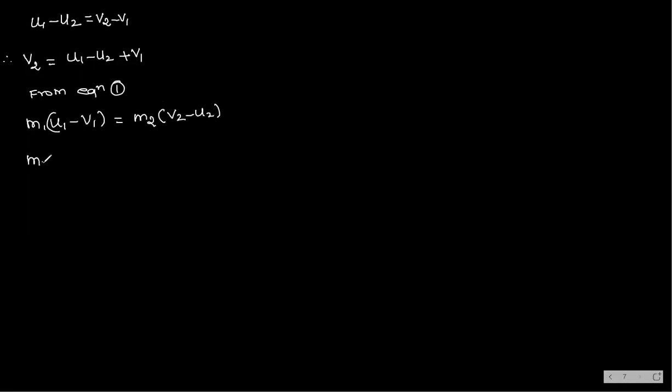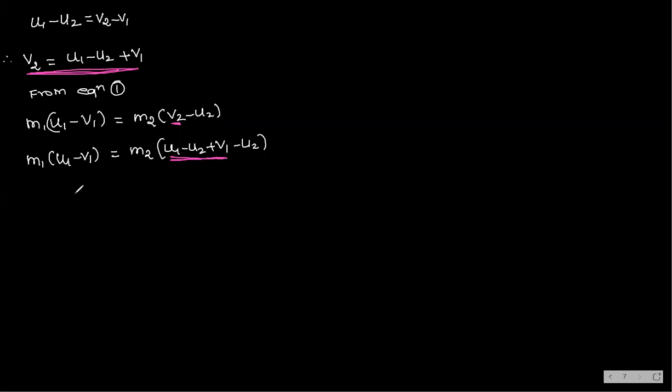Yes. So m1 (u1 minus v1) is equal to m2 into the bracket with v2 substituted: u1 minus u2 plus v1 minus u2. Agree? I just substituted this v2 value here. Clear? You can see how I got the v2 value. Okay. Right? Now.